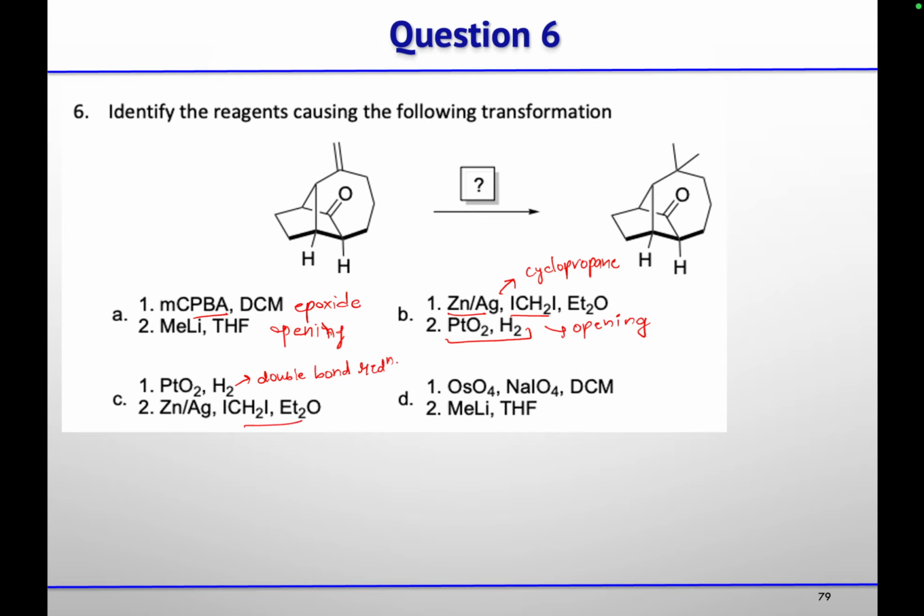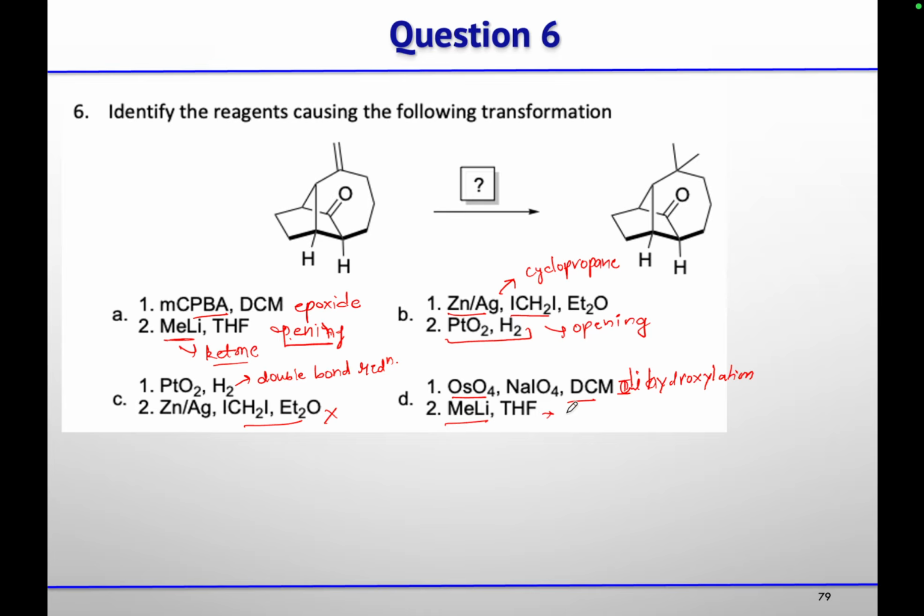But then on treatment with Simmons-Smith conditions, no reaction will take place. Then using osmium tetroxide, dihydroxylation can happen, and in this case methyl lithium will also attack on the ketone. And if they are using an equivalent control, then it will react with the ketone and not the epoxide.